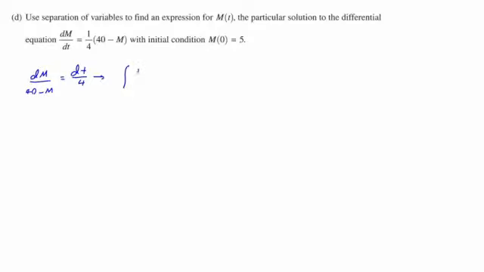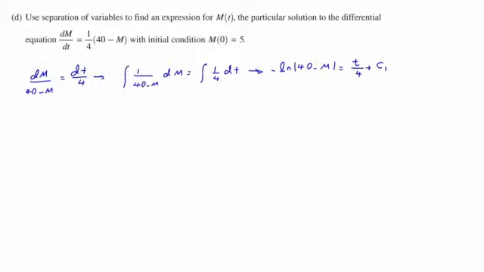Then we take the integral of both sides. We can write it as 1 over 40 minus m dm equals 1/4 dt. The left side will be negative ln of the absolute value of 40 minus m, and the right side equals t over 4 plus, for example, c1.